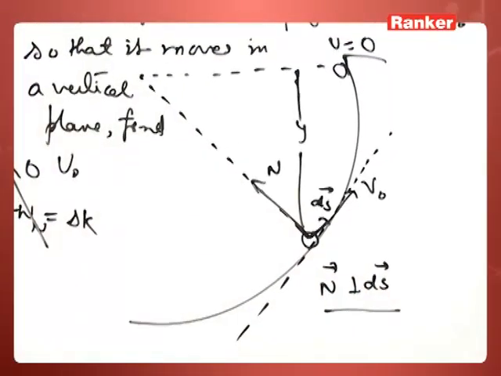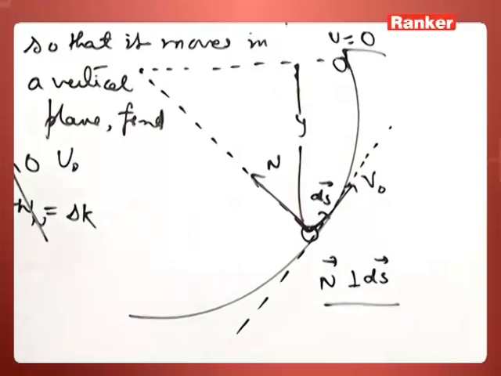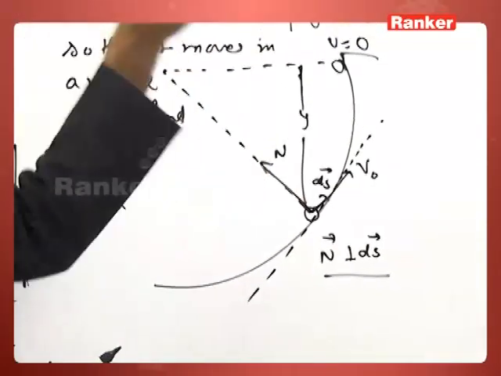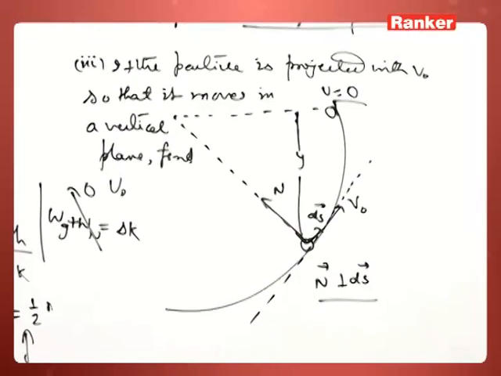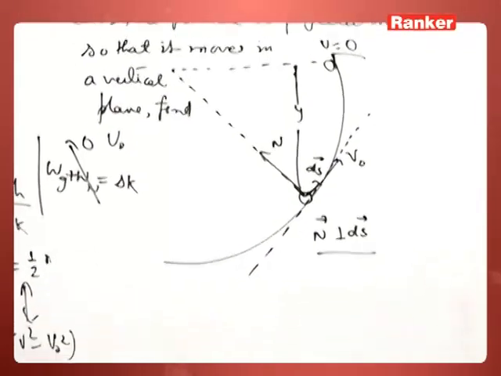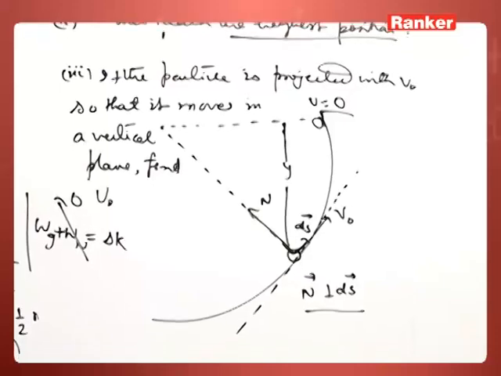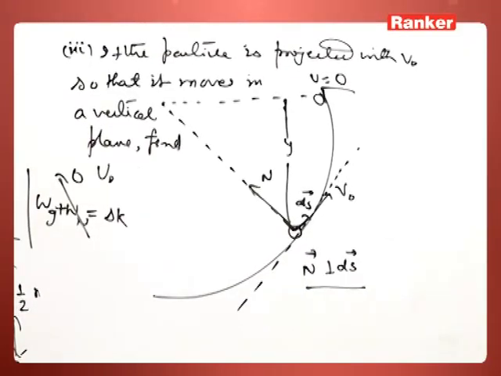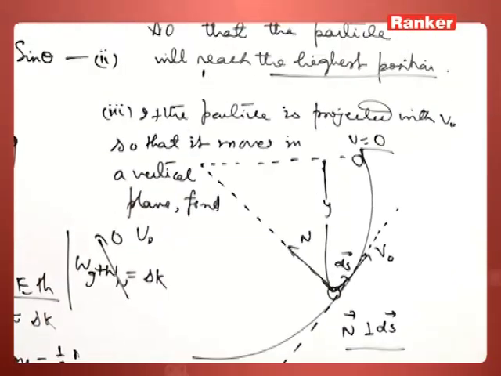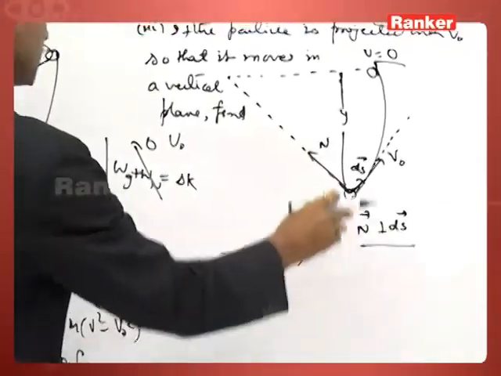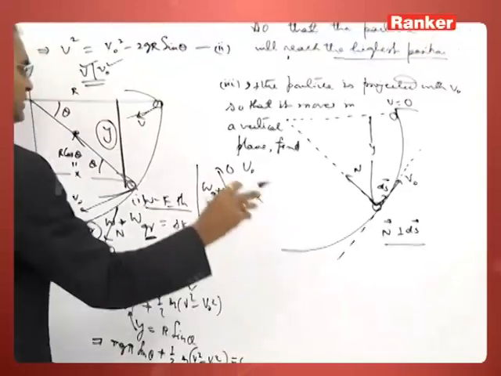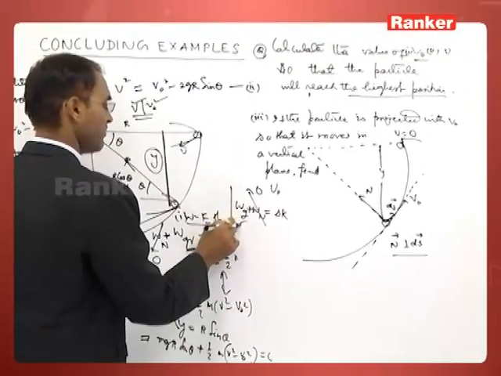Always, it may move in a vertical circle or it may move in a spiral path or helical path, it does not matter. Always the displacement of the particle along the plane in any direction is normal to the normal reaction force. Therefore, the normal reaction force will never do any work in this case, and work is done by gravity only.